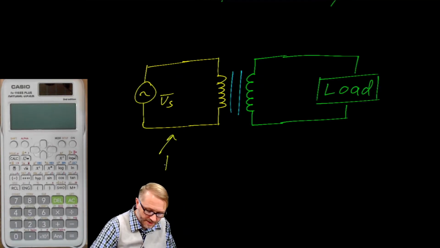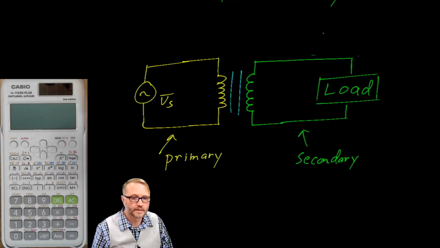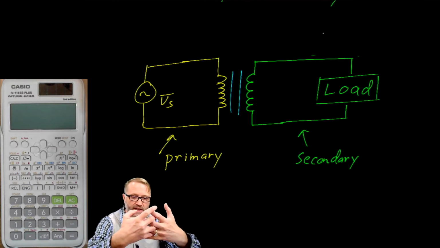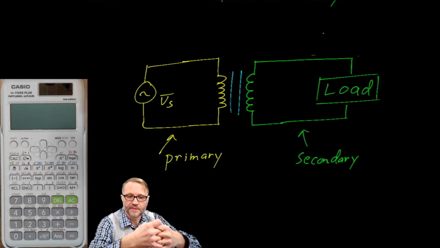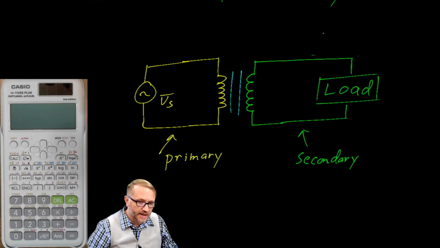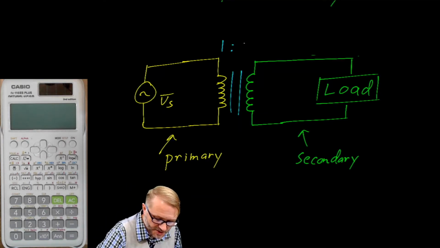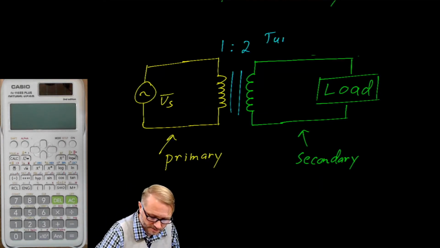Again, primary and secondary. Just a moment ago, we said that the primary and secondary windings were intertwined, and whatever one would do, the other would follow. That's true, but there's a ratio involved, and we call that the turns ratio.